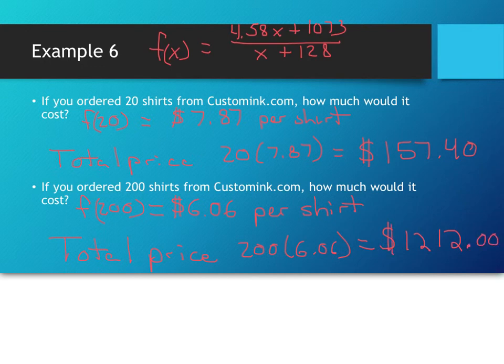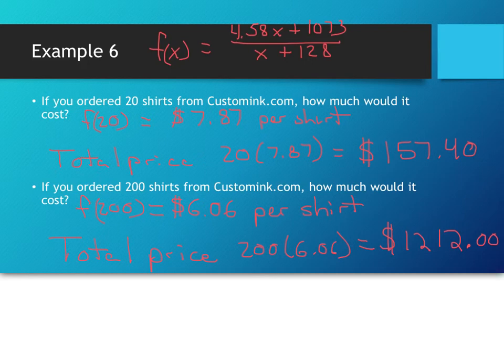Okay. So you see in both cases, if you ordered 20 shirts, it cost you more per shirt. You order 200 shirts, it's going to cost you less. And if you ordered, by the way, 2,000 shirts, it would have cost you less per shirt as well.